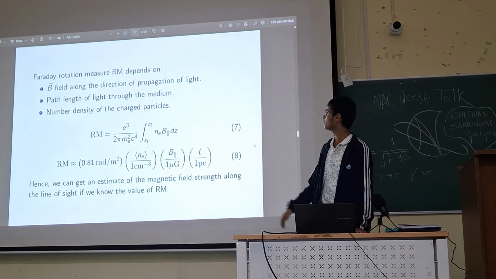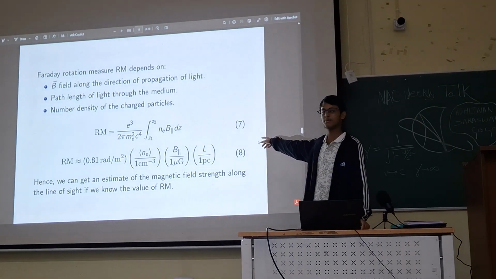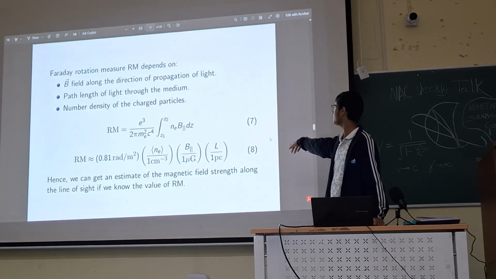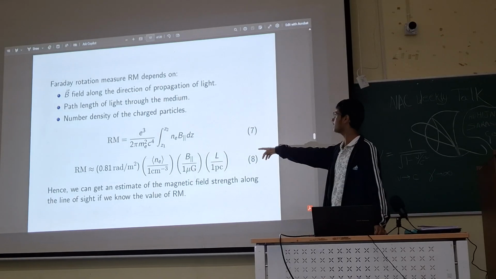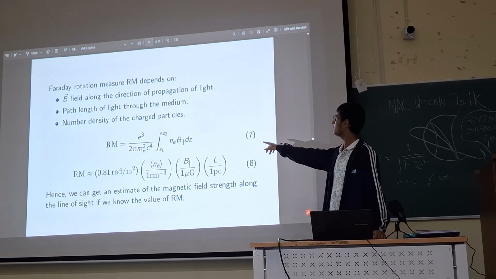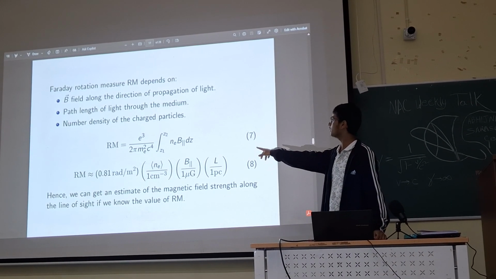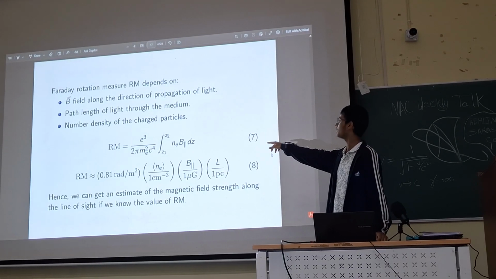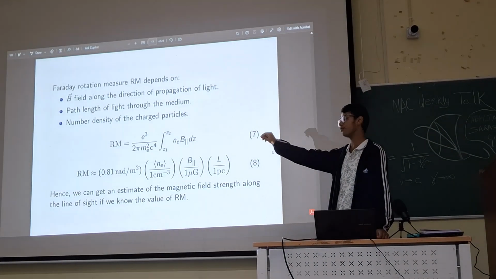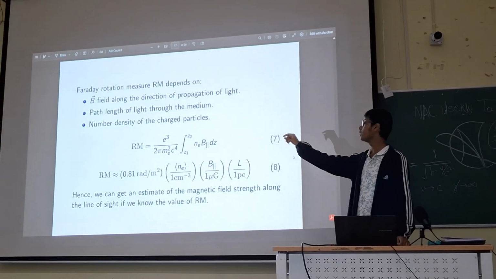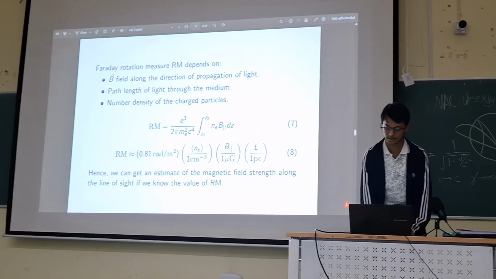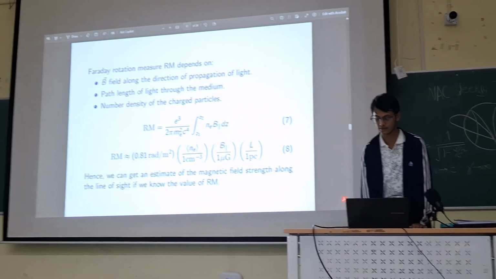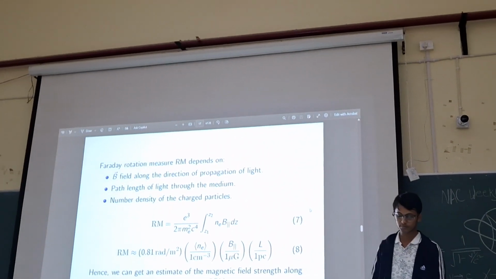Equation 7 is the original expression, but we can approximate it with equation 8. Instead of using the actual value of the number density of the electrons for different locations along the line of sight, we will rather take the average of the number density of the electrons.